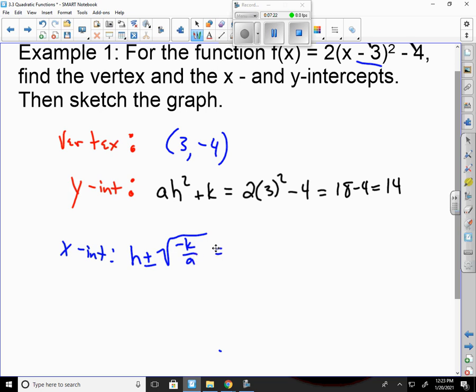And so now I'm just plugging those numbers in. 3 plus or minus the square root of negative 4, makes that a positive 4, over 2. What's 4 divided by 2? Good. So 3 plus or minus the square root of 2.